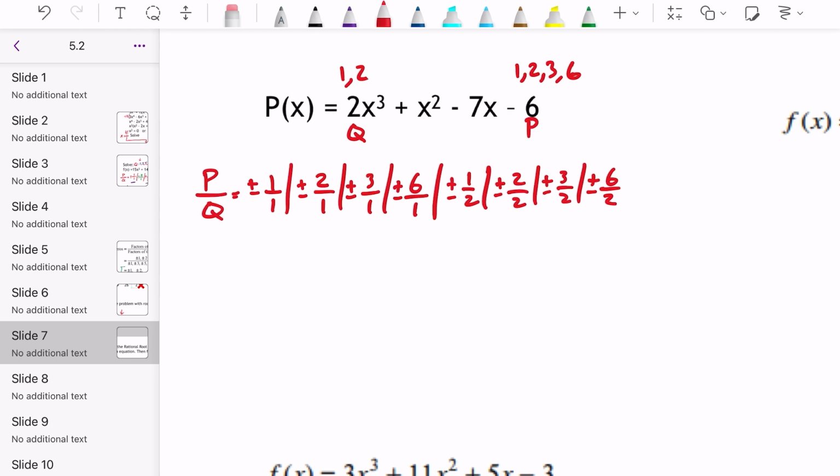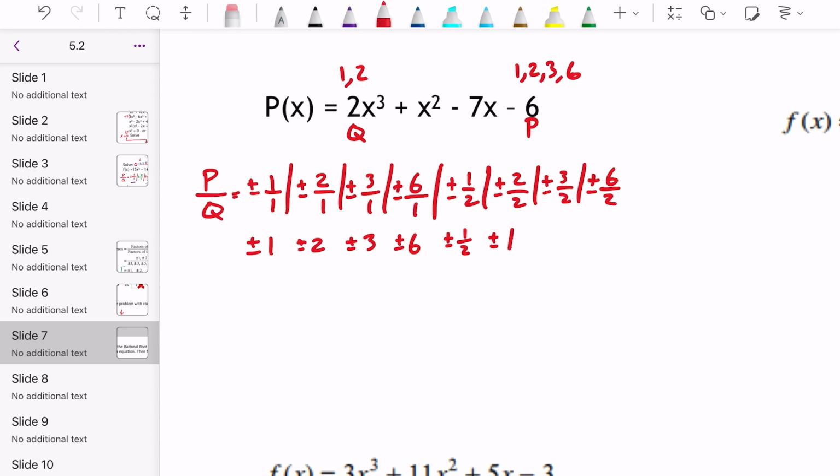So we are looking at positive negative 1, positive negative 2, positive negative 3, positive negative 6, positive negative 1/2. Notice here, positive negative 2 over 2 would give us 1.